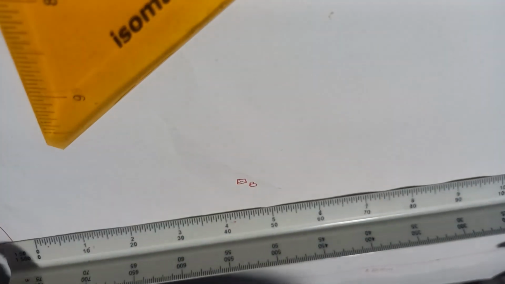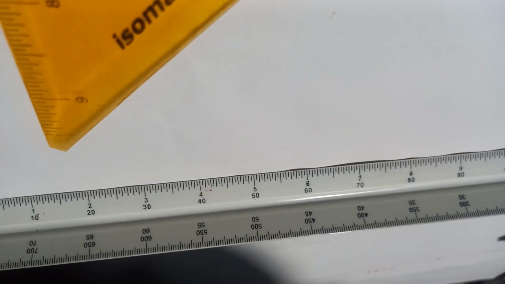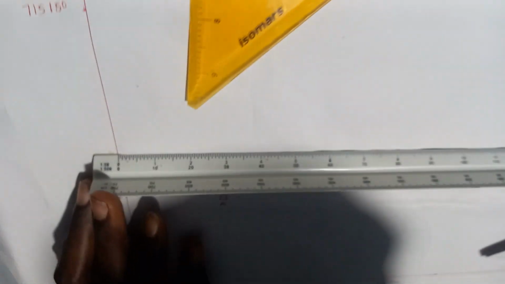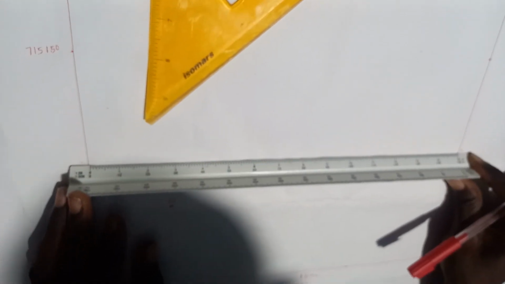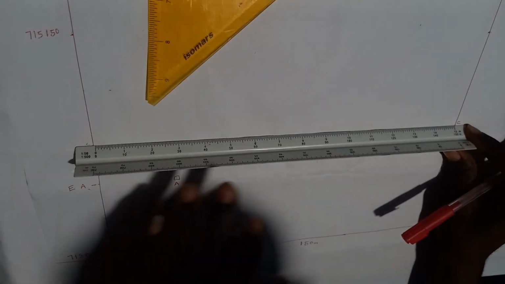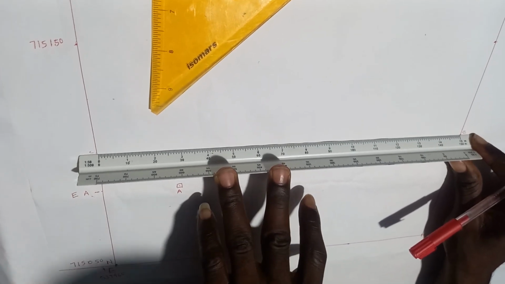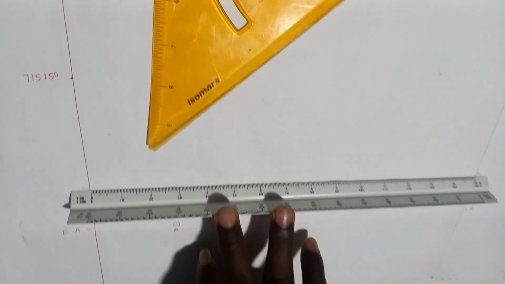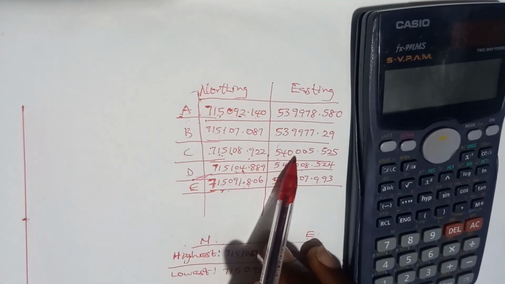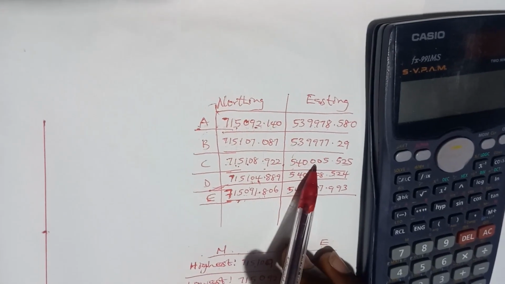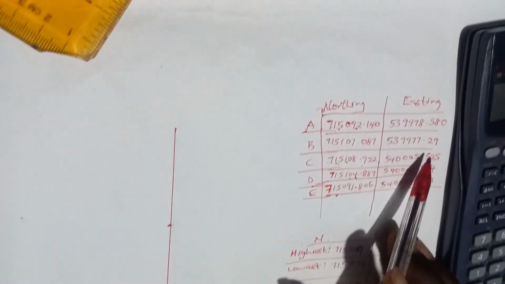Alright, so for point C we need to obtain 540,005, approximately 006.